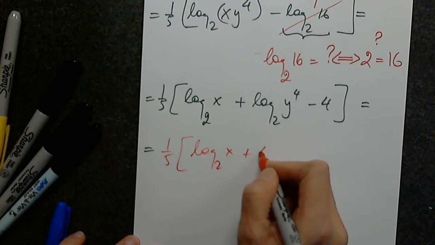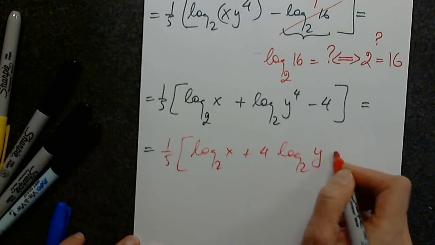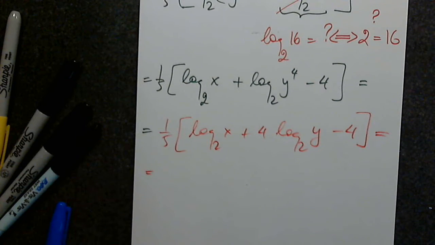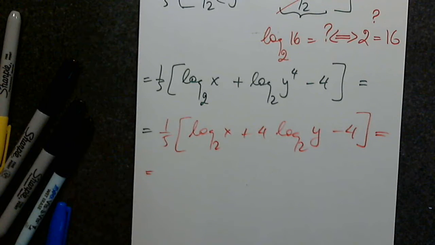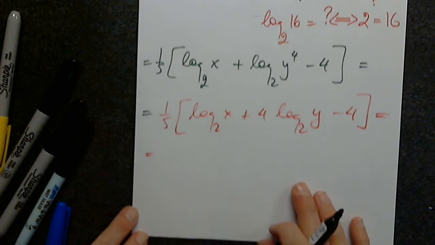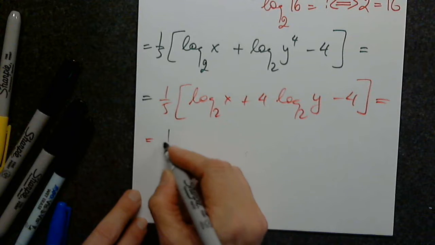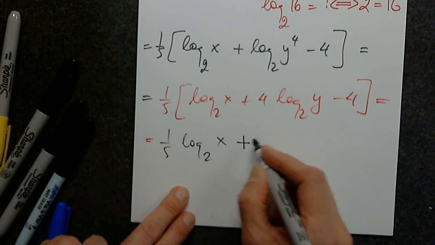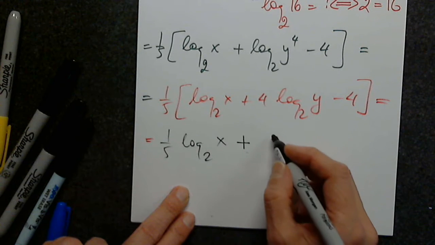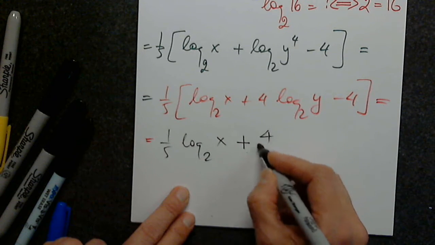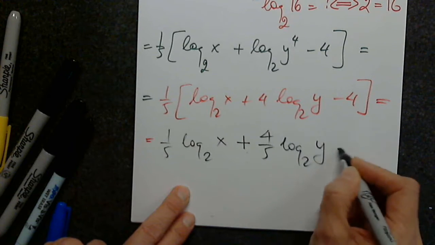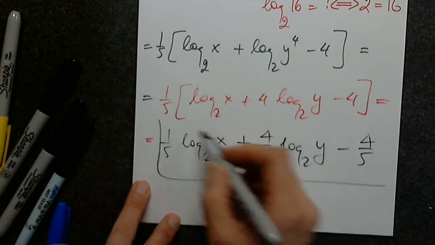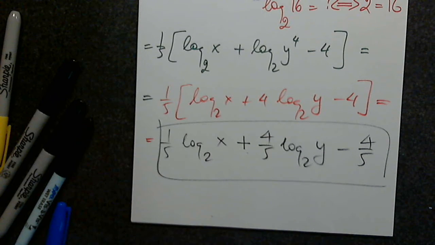Log base 2 of x plus 4 log base 2 of y, minus 4. The final step must be distributing 1/5, I'm sorry, to all terms. Can anyone dictate the first term? 1/5 log base 2 of x. Very good. Yes? 4/5 log base 2 of y minus. That's it. And this is it. So in order, yes, that's it.